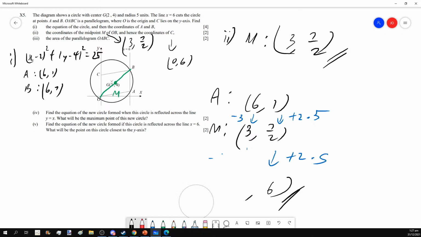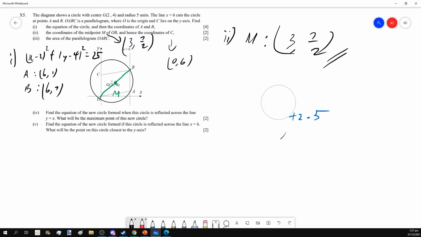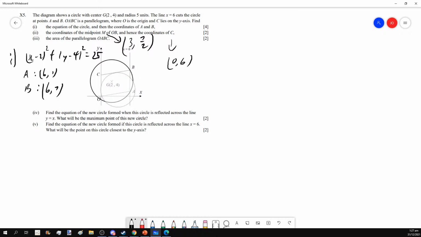Now the third part asks, can we find the area of the parallelogram OABC? Of course, you have two options here. The first is to use shoelace. The second is to simply use the standard formula, which is the length of one side multiplied by the width of the parallelogram. In this case, the width is indicated by x equals to 6.